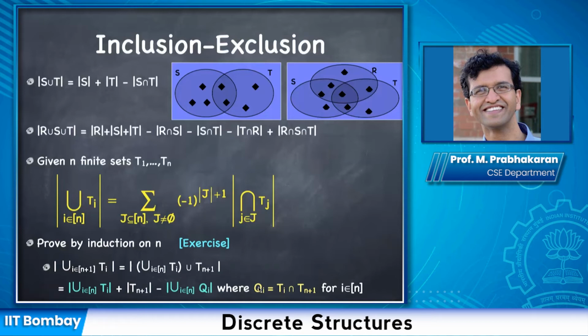So let me give it a name, qi. So the third term here, s intersection t, corresponds to the union of qi, i equal to 1 to n, where qi are of this form.